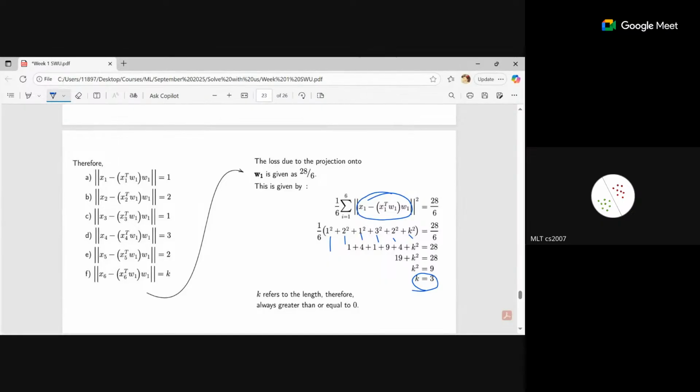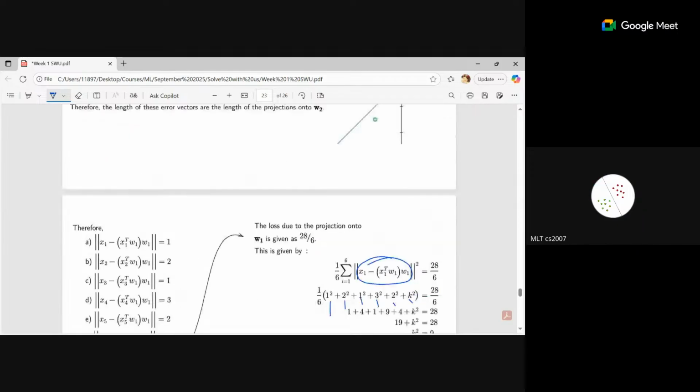Anybody has any doubt in this? Okay. Geometrically, can we say if these are orthogonal, then the errors will be similar? What do you mean by similar here?